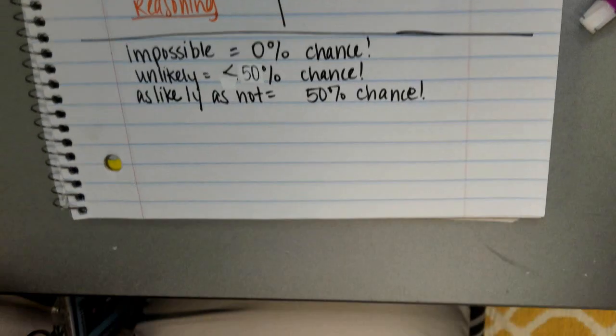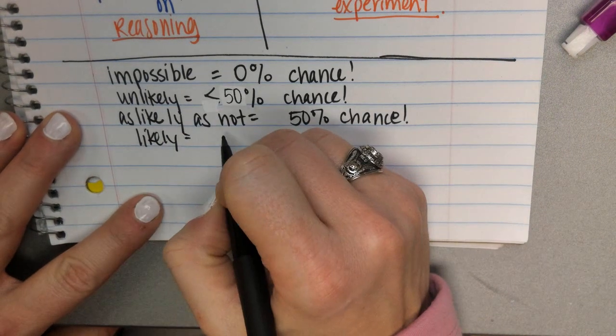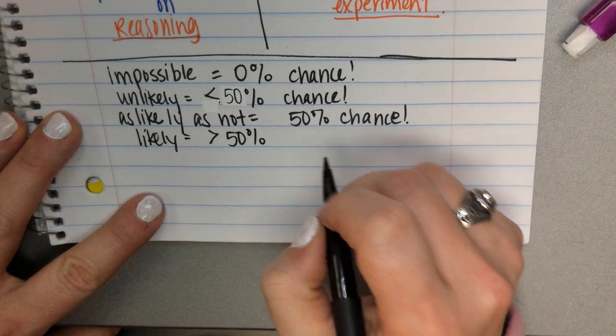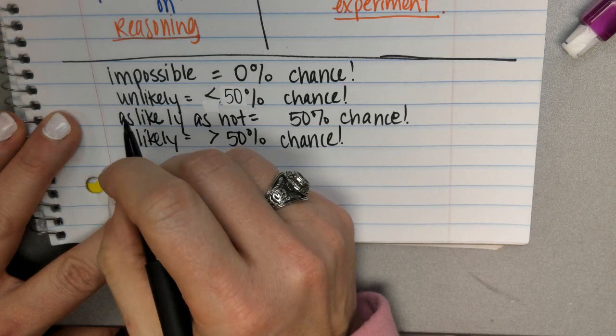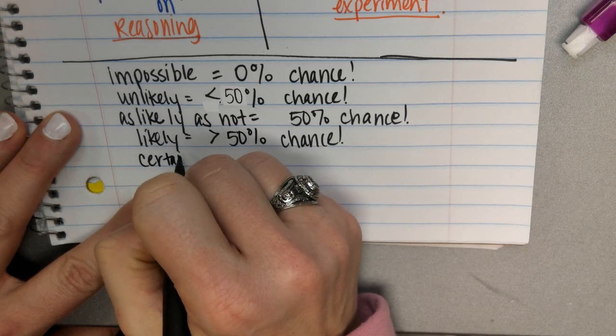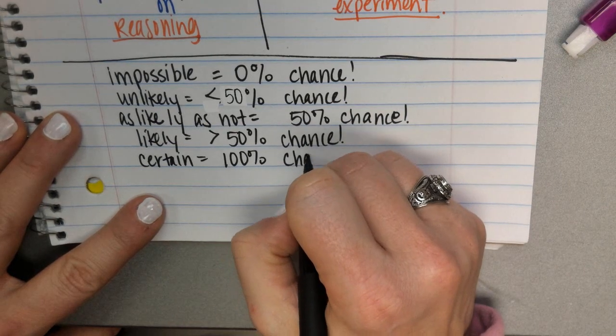Okay? So those are, now on the other end of the spectrum, likely is going to be greater than 50% chance. And then certain is 100% chance.